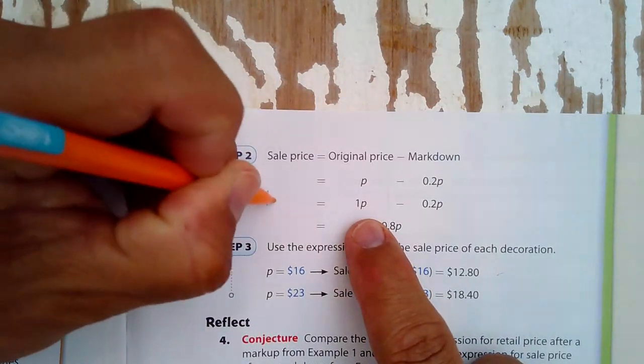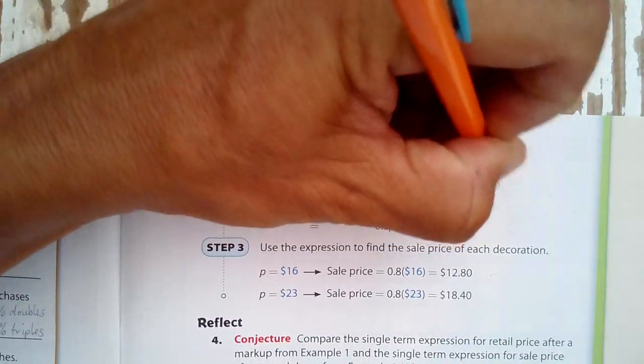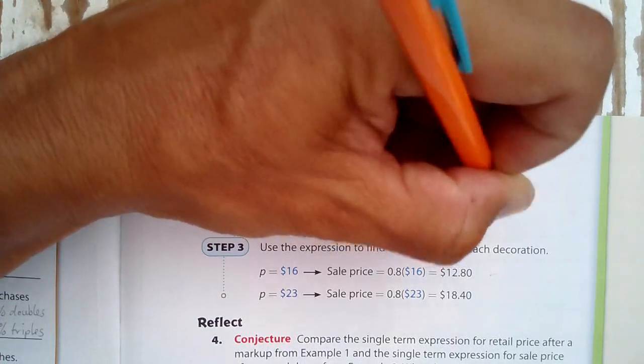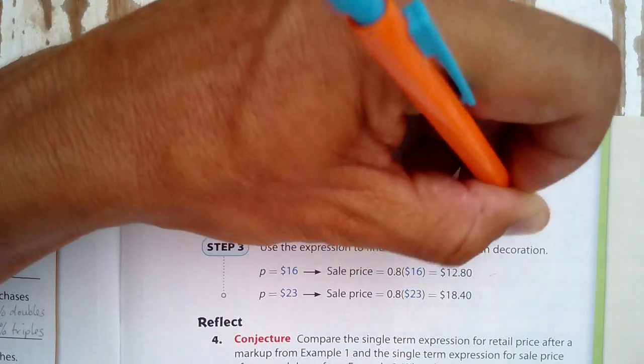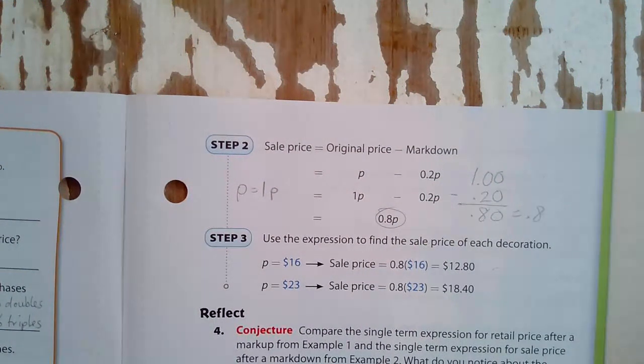P is equal to 1P. And if I take 1.00 and I subtract the 0.2P, 0.2 is 0.20, I get 0.80, which is equal to 0.8. So 0.8P.